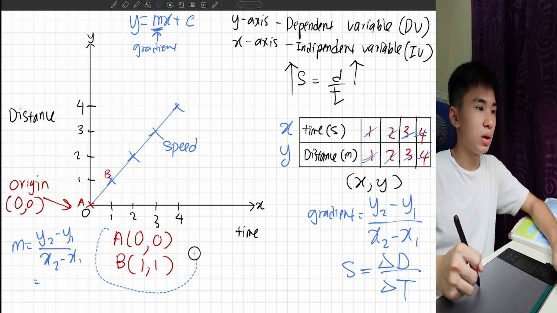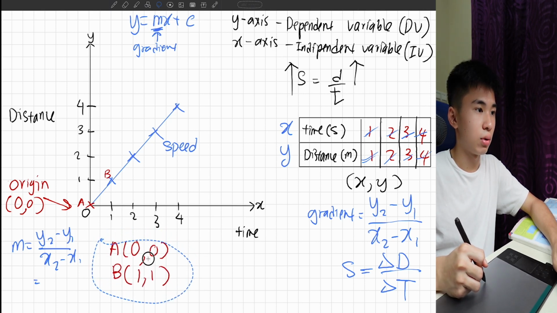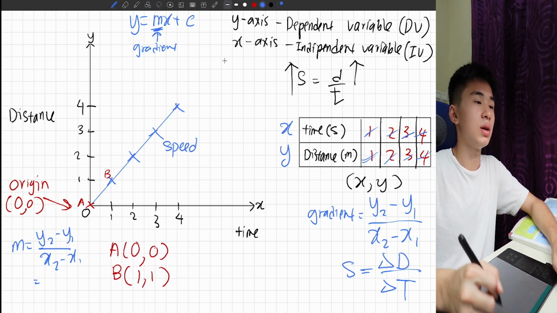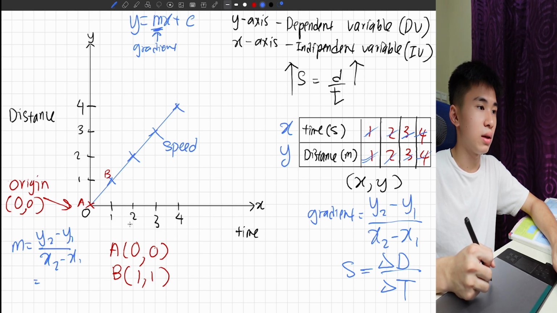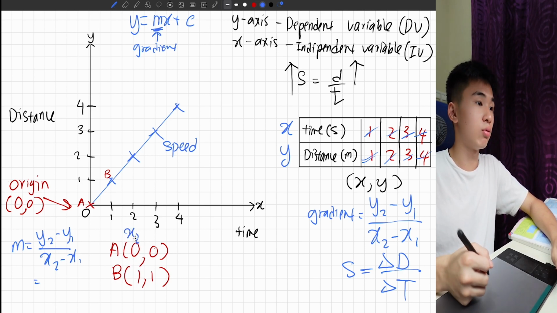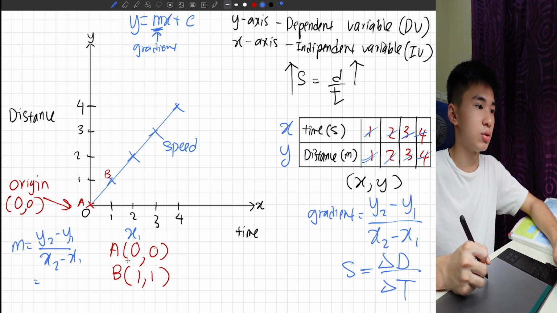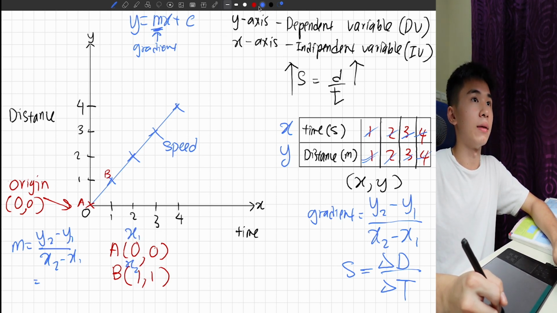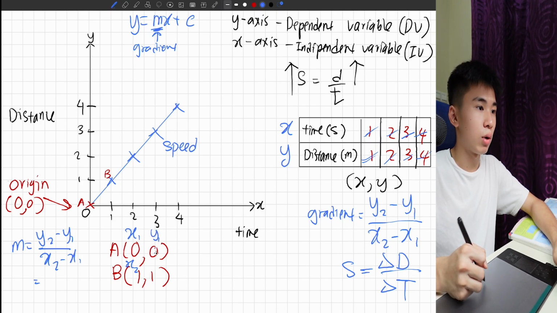Let me bring this down a little bit. We can either put this as x1 and this as x2, or we can also put this as x2 and x1. For me, I will always start with 1 first. So this is x1, and this will be our x2, and this will be our y1, y2.